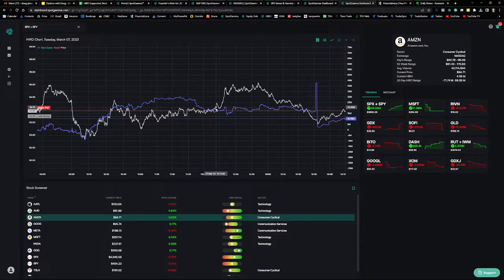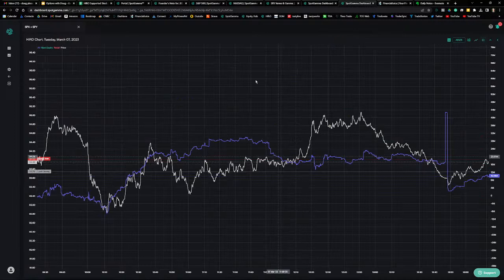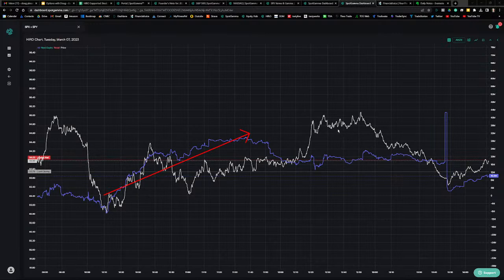And Amazon was another long. See the rising hero line. Price continues to move higher a little bit after hero drops off.